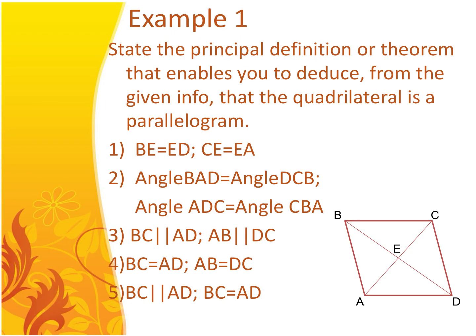So this is example 1. It wants us to state the principal definition or theorem that enables you to deduce from the given information that the quadrilateral is a parallelogram. Alright, so first of all, before we start to answer these, I want to say that please do not use the theorem number. I don't memorize theorem numbers. I don't think anybody does.